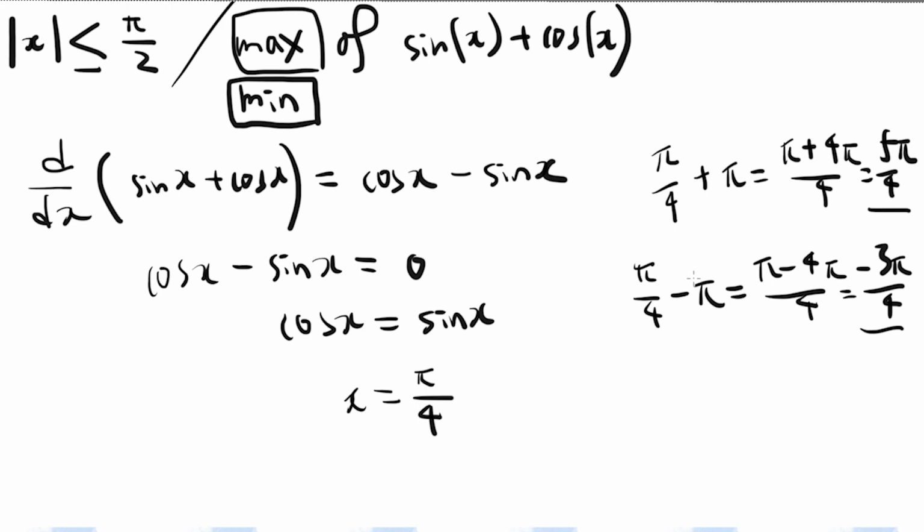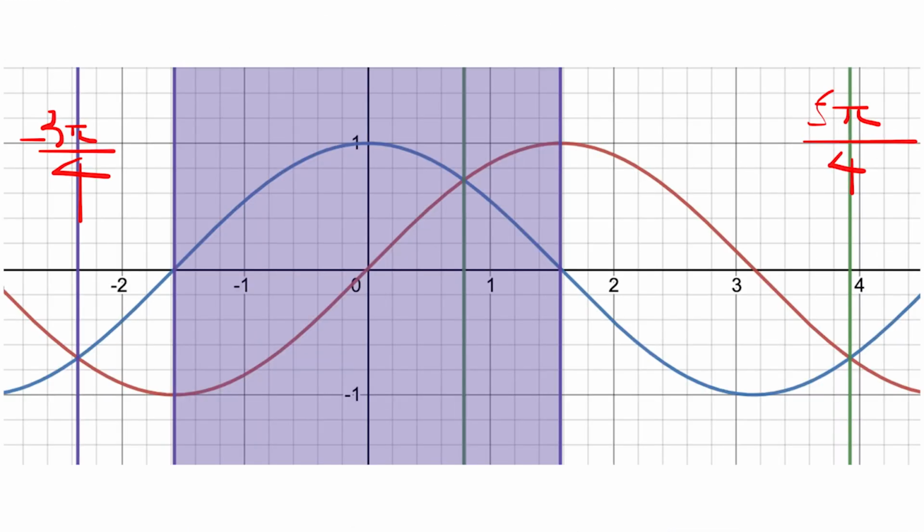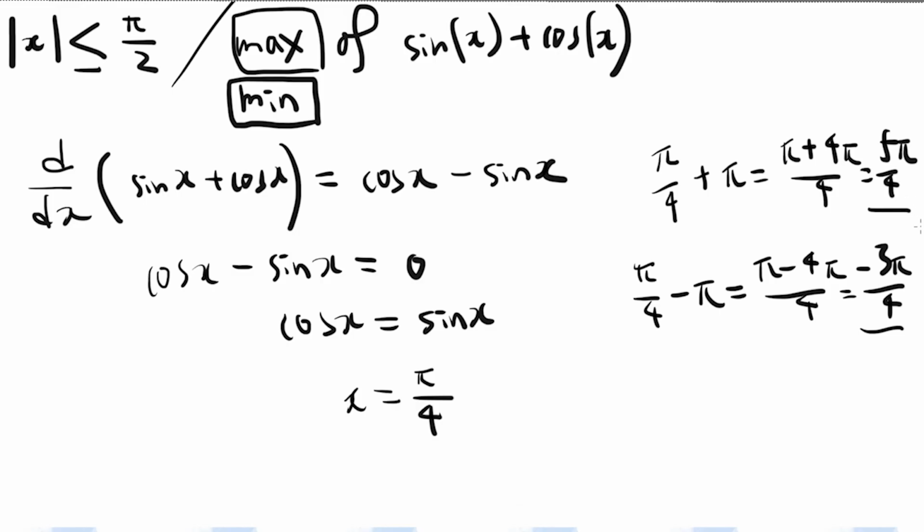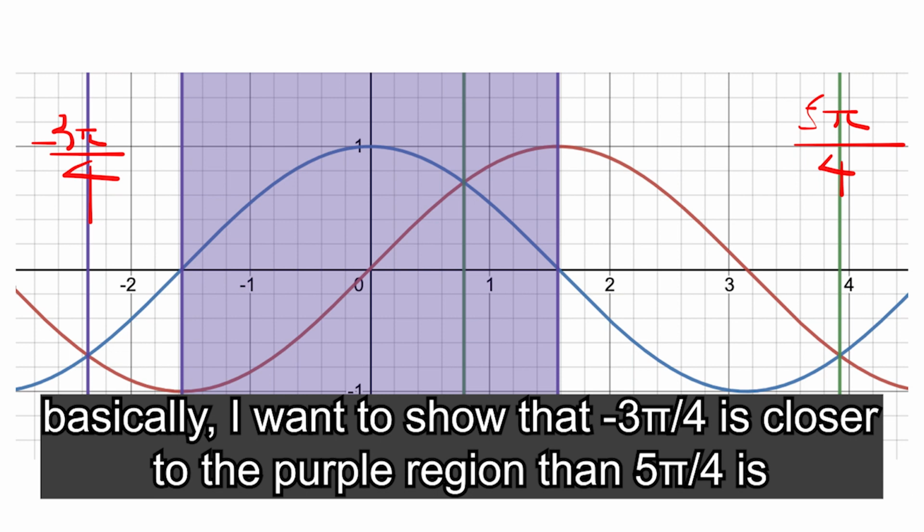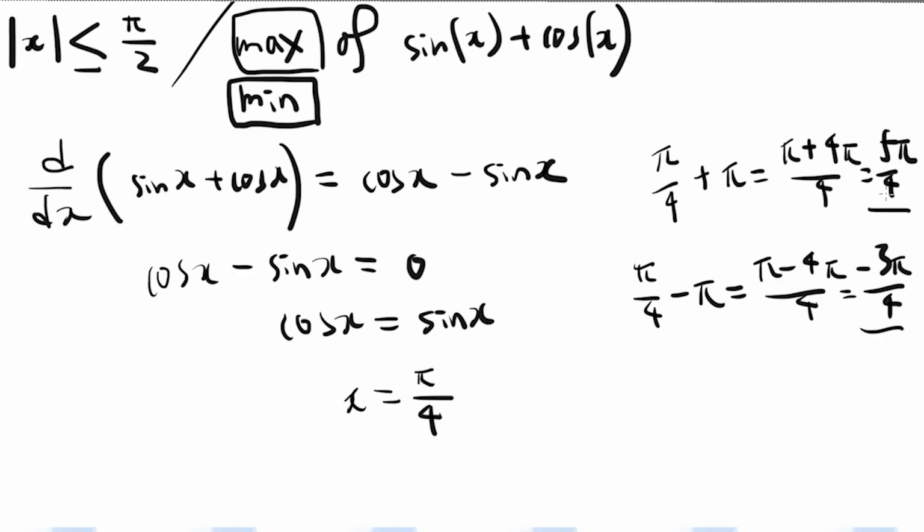These two values are outside the domain of x. So of these two values, let's see which one is closer to the outer bound of this domain. So what is the distance between this and pi over 2? The distance is 3 pi over 4.